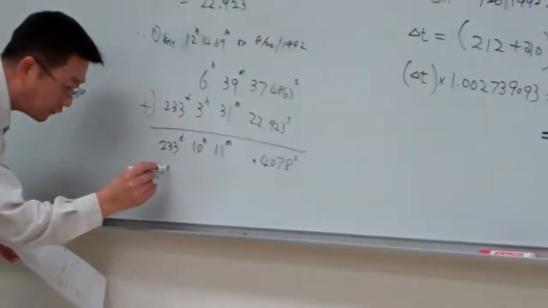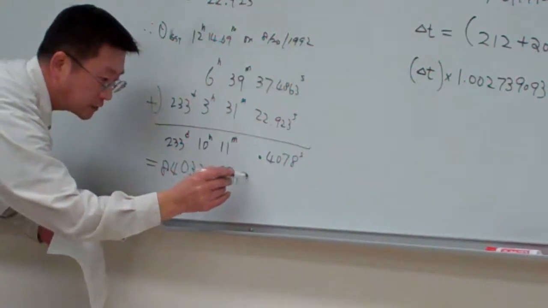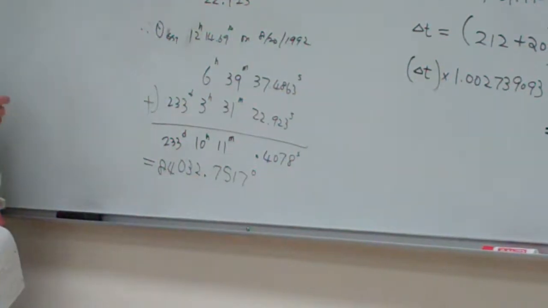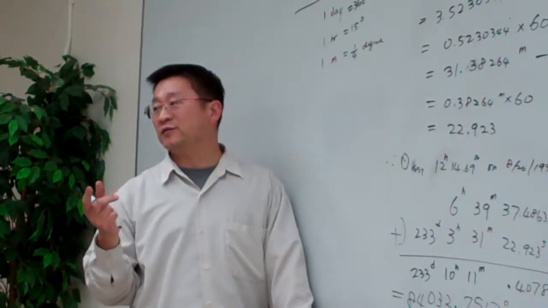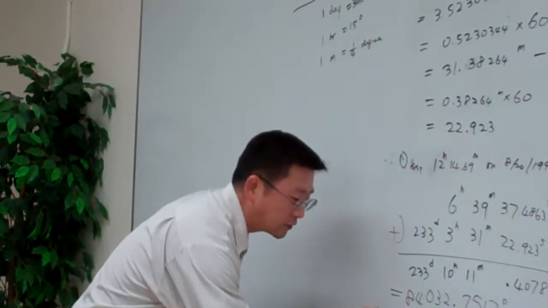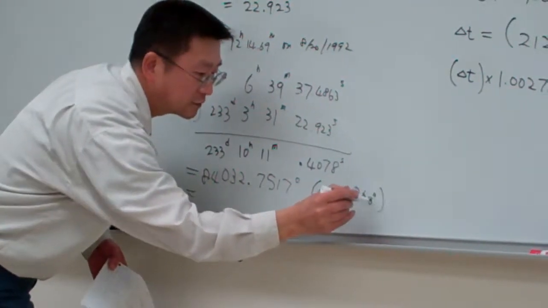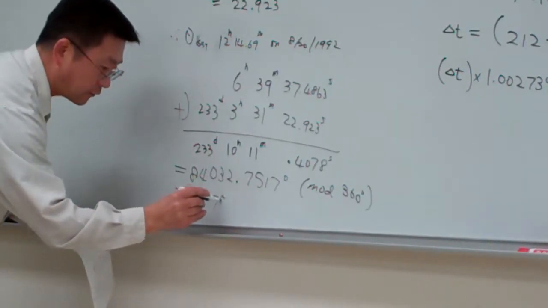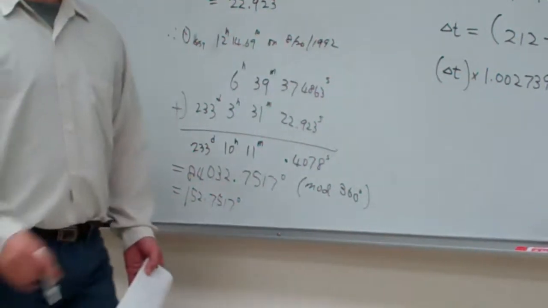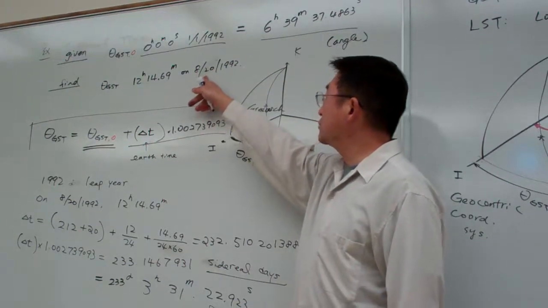That would be 84032.7517 degrees, and 1 turn is 360 degrees. So you can take the modulus by 360. So that one actually is 152.7517 degrees. So we spent so much time, then we determined that specific day, August 20th.